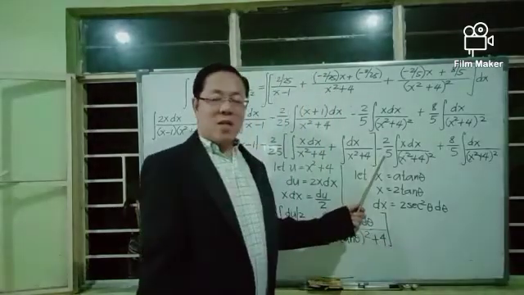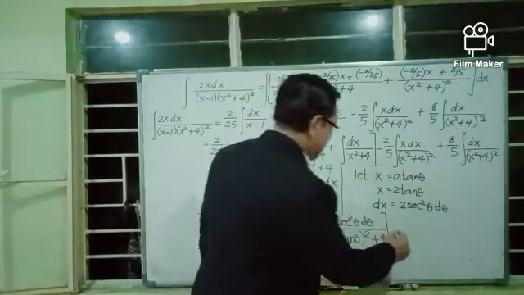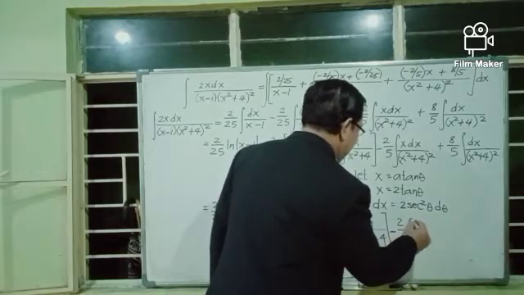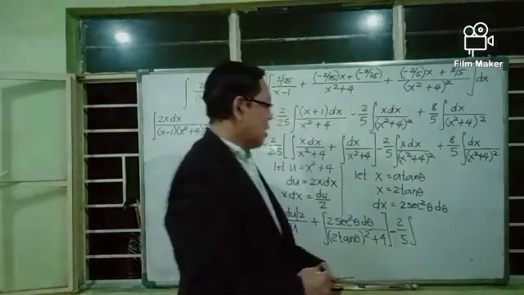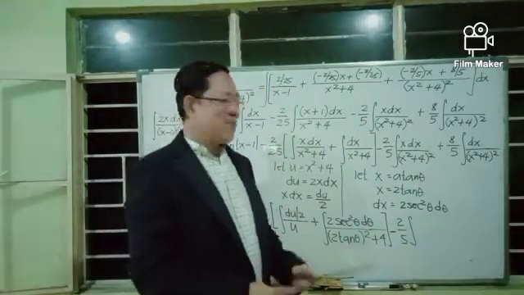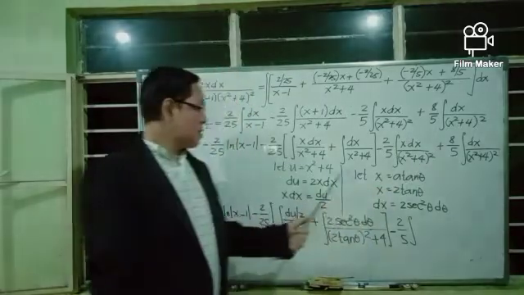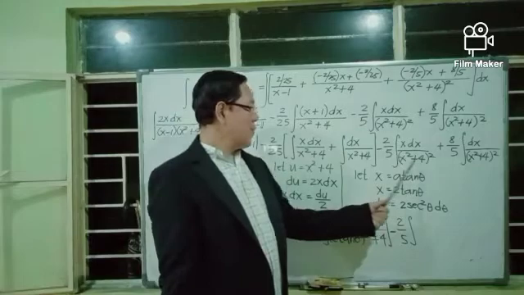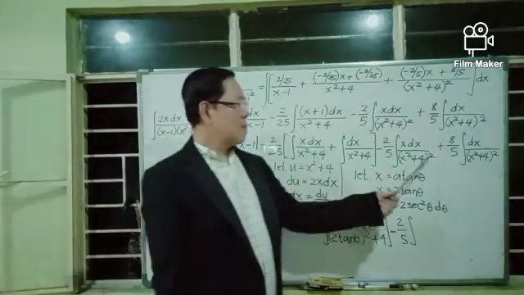This term is minus 2 over 5 times the integral of x dx, which is du over 2. x squared plus 4 is u squared.